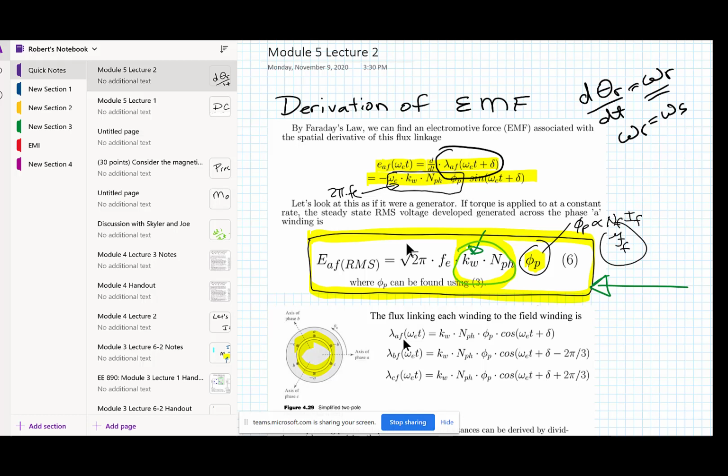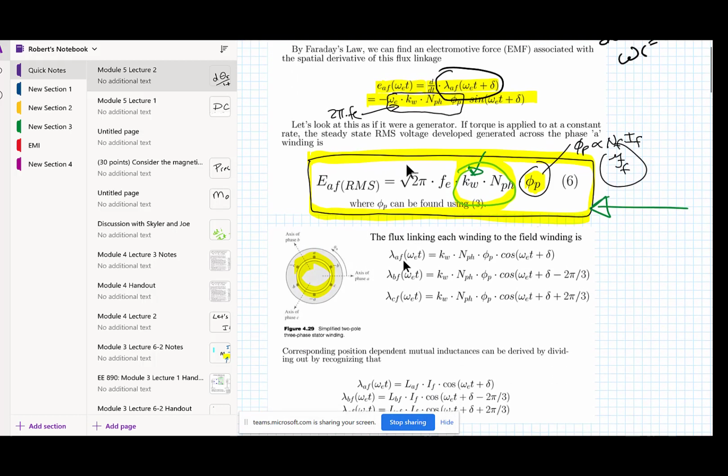It's the product of this little kW and the turns per phase. And so as a result, what you have is you have potentially three.